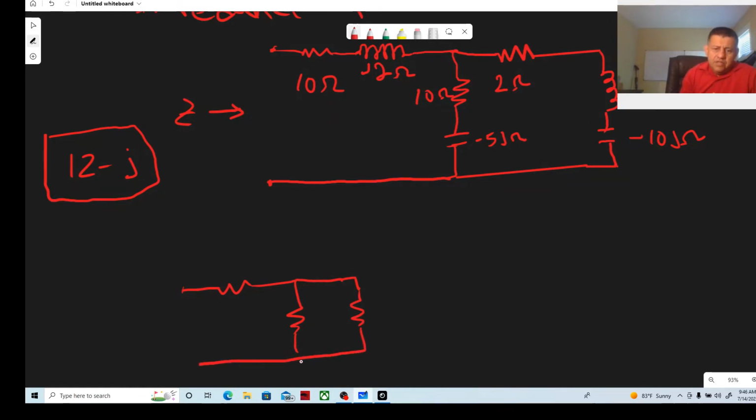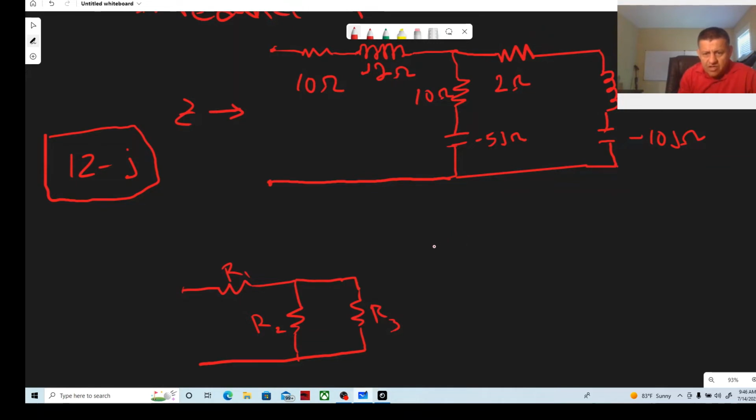Notice that this and this will be R2, this will be R3, this will be R1. So technically R1 would be in series, and R2 and R3 are in parallel.